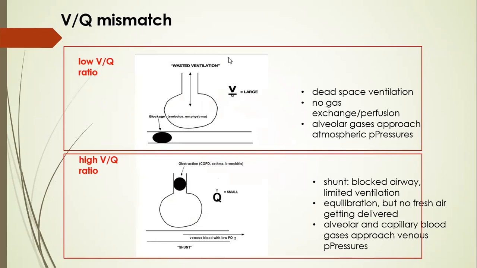If you lower the amount of blood which is supplying that particular alveolus, say for example, if you have a blockage of an artery or a blockage of a capillary, the blood flow to that particular alveolus will become low. So if this becomes low, you find that the ventilation becomes very large, and we call that wasted ventilation. There is a VQ mismatch, and therefore the exchange is not perfect.